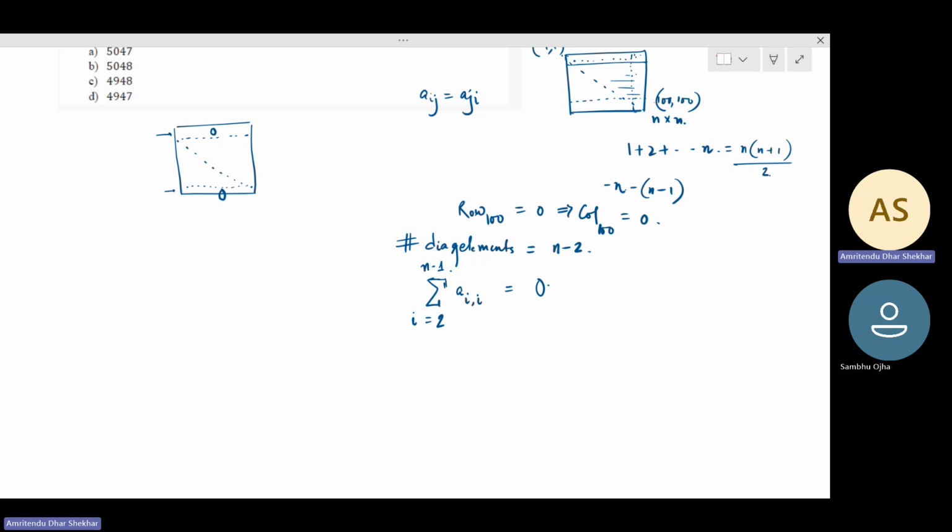You can say, for example, that a2 comma 2 is equal to minus the sum of ai, where i is from 3 to n minus 1. Okay, this is what this condition implies.